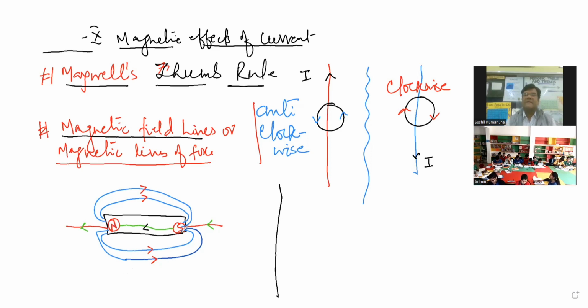And the horizontal lines on the left and right: from north, it is away from the north pole, and at south it is towards the south pole. So these points are to be taken into account when we draw field lines. First you draw, then we'll be doing some properties of these lines.